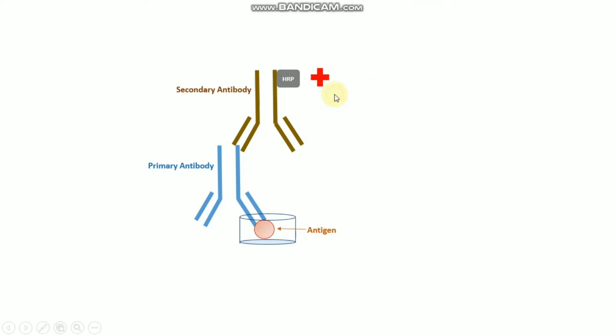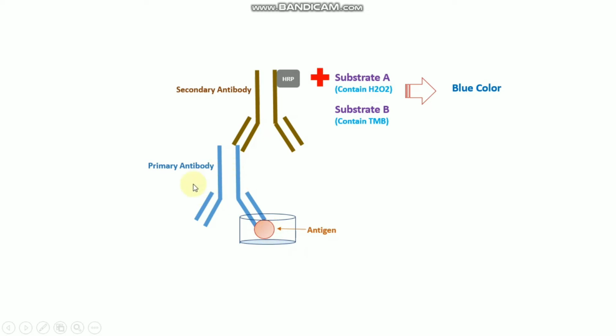Next is the addition of substrate A, which contains hydrogen peroxide, and subsequently we add substrate B, which contains TMB. These are both substrates for the HRP enzyme, and then a blue color develops.